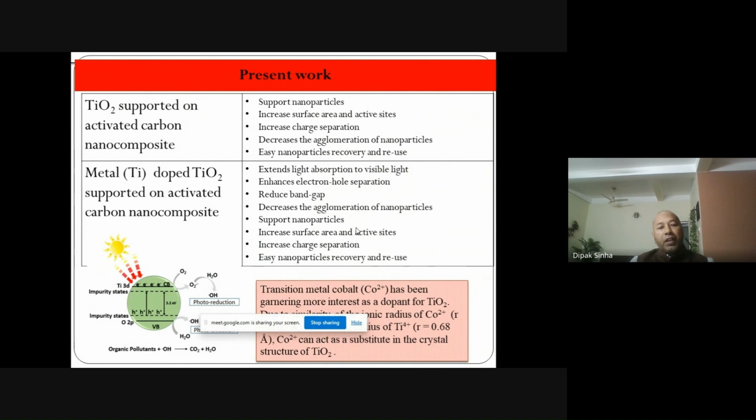So in the present work, we have basically doped a metal, cobalt, into the titanium dioxide, and this is supported on activated carbon, and that's how we have developed the photocatalyst. The advantage of taking cobalt is that its radius is almost similar to titanium, so it can easily replace titanium in the structure.